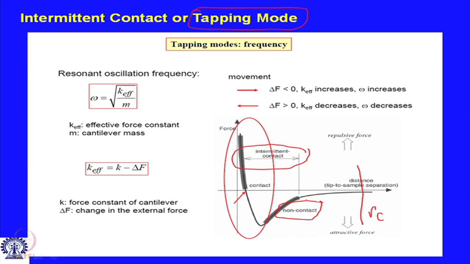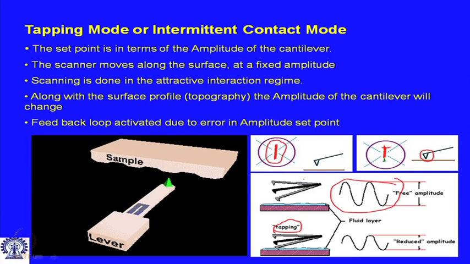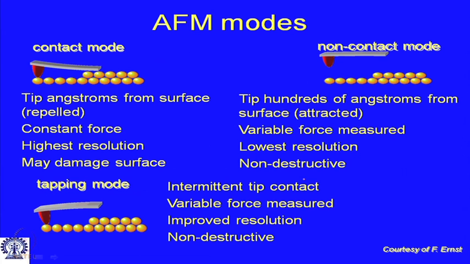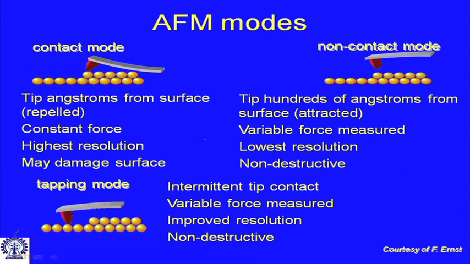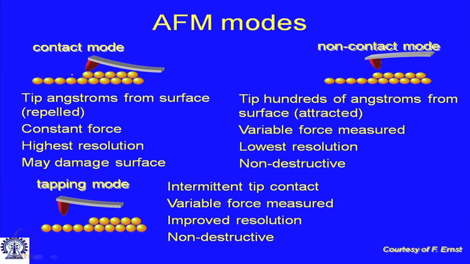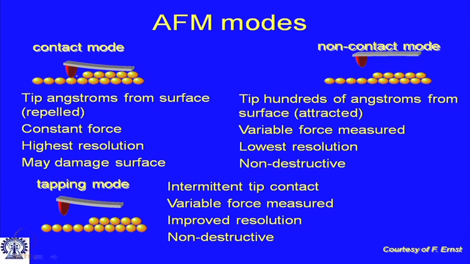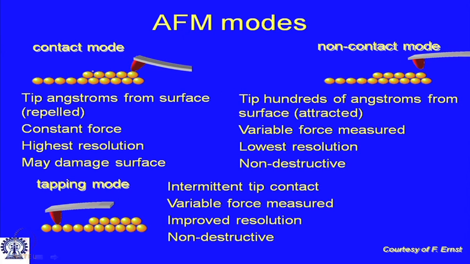Some of the limitations of contact mode are taken care of by the non-contact and the intermittent contact mode. Particularly for polymeric material or soft materials, one would preferably not use the contact mode, because during the rastering, the tip drags along the surface, and then there is a problem of scratching.